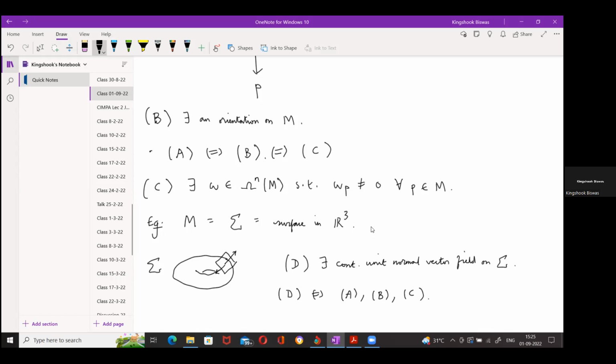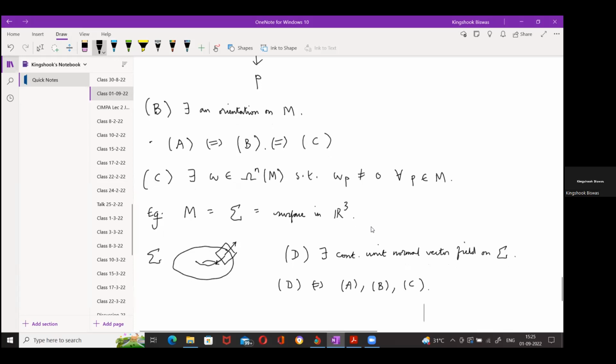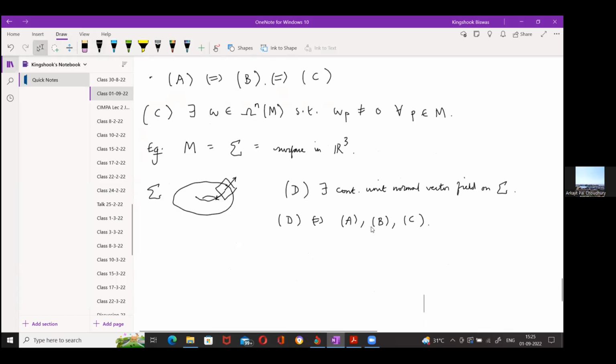All right. So how do you see this? You have a normal vector field. Call it N from sigma to R3. Actually, N will go from sigma to S2. It's a unit vector at each point, a continuous normal vector field.